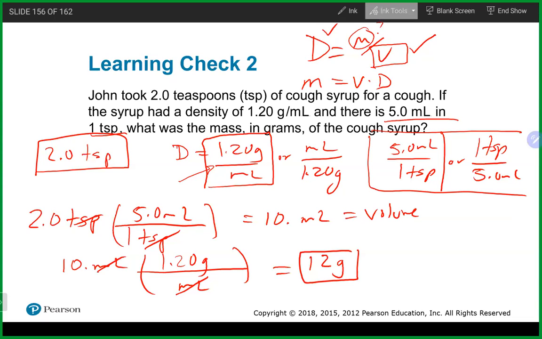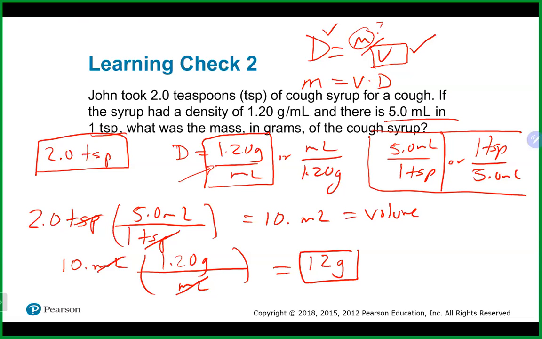Significant figure wise, our first conversion is 2 sig figs. We actually do need to look at this number here, and it has 2 sig figs, which is why I put a decimal point there to have 2 sig figs. Lastly, we're multiplying as well.